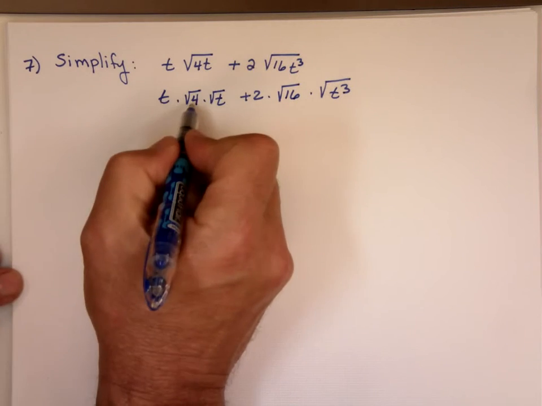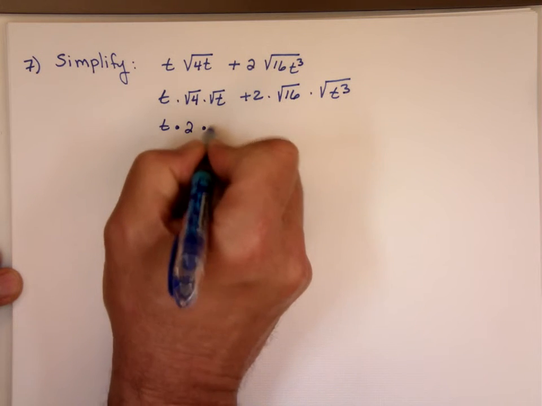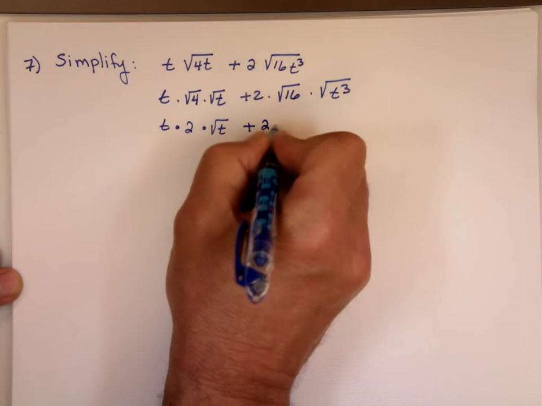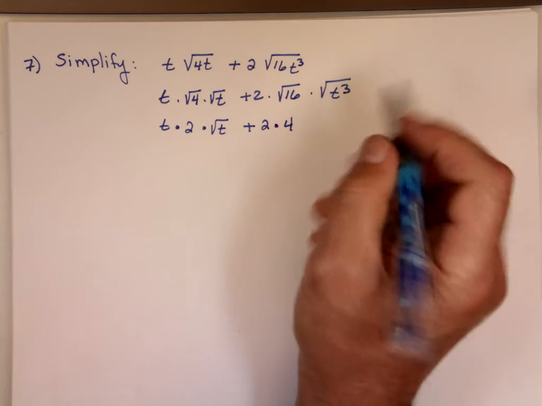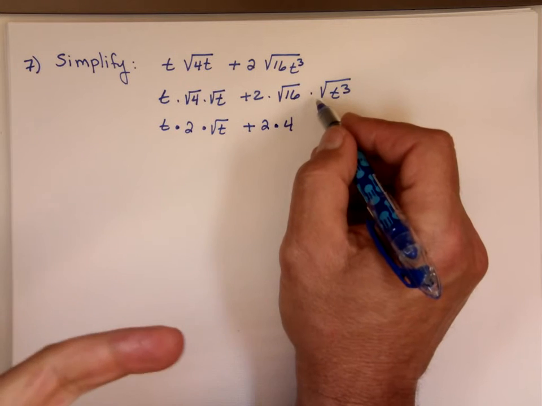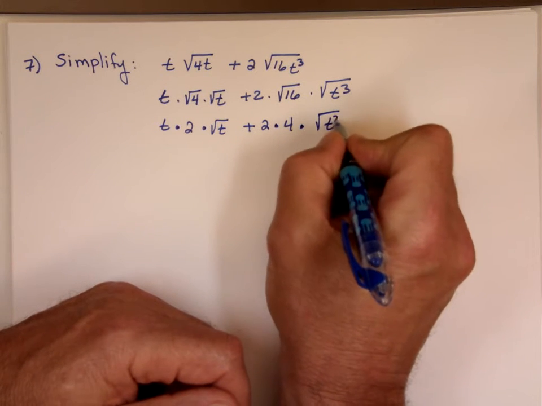The square root of 4 is actually a 2. The square root of 16 is 4. Now t cubed, I don't know the square root of that because you can't divide 3 by 2. But I can take it and break it down to t squared times t.